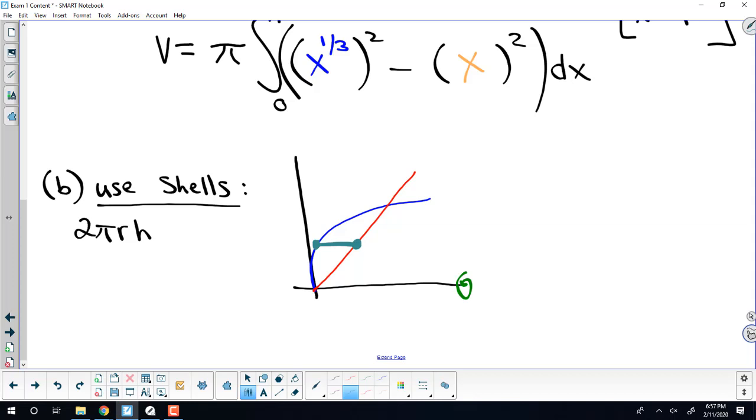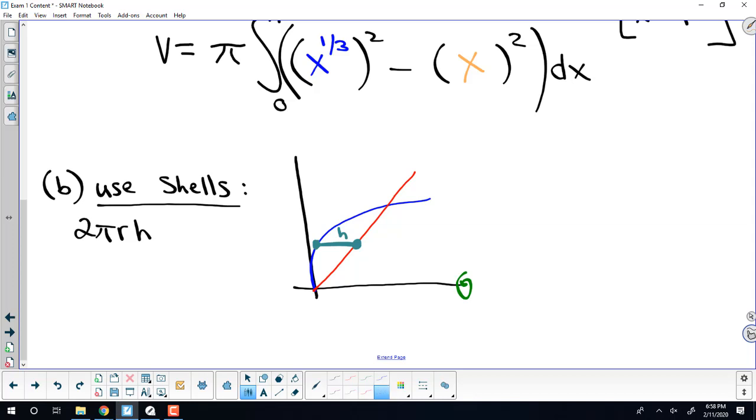Is it 2 times pi times r times h? Which one of those is it? It's h, right? It's the height of each. It's always the case when you use shells. The length of your cross sections will always be the height of the shell.